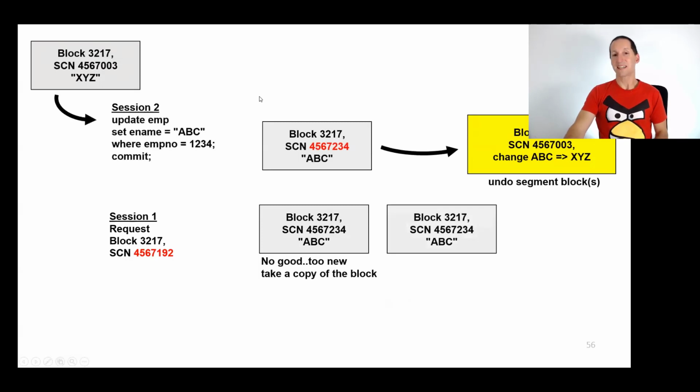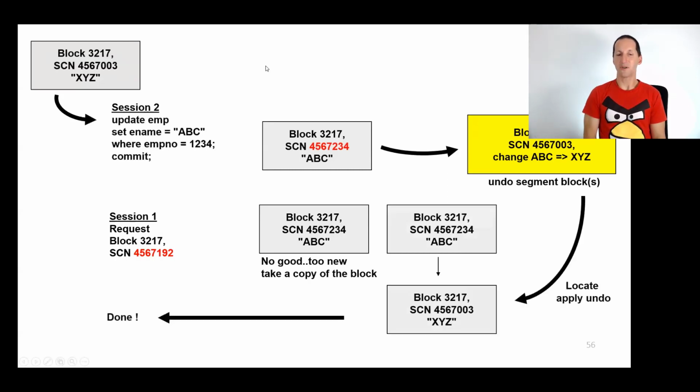So what I do is I take a copy of that block because someone else might be using that block as it currently stands. And then because I know that if that block was moved along in terms of time, its SCN moved, there must have been a transaction to do it. I can go look up the undo for the transaction that session 2 did and apply that to that copy of the block. So I can take the undo in the yellow there and say, let's apply that.